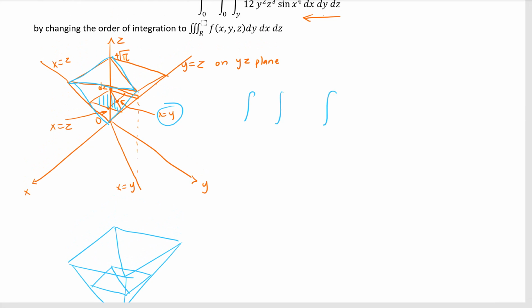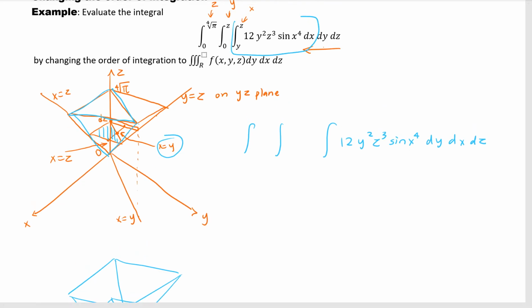So f is still the same function. Actually, in this example, we have to change the order, then we're able to solve, because with the original order, we're not able to solve. Look at the first one. We need to integrate sine x to the 4th dx. No, not able to.